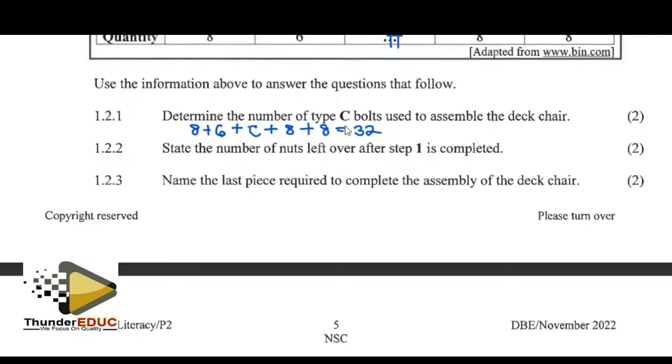This simply means we have got 30 plus C should give us 32. So when you add 30 plus C, you get 32, meaning our C is supposed to be 2.